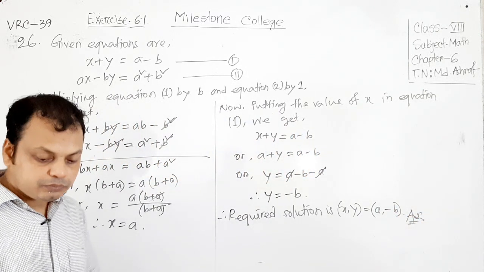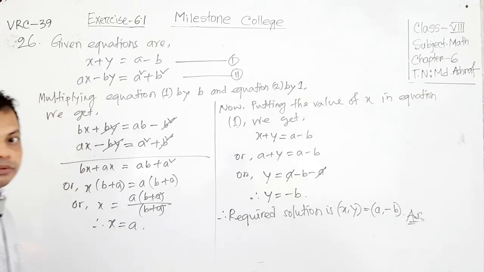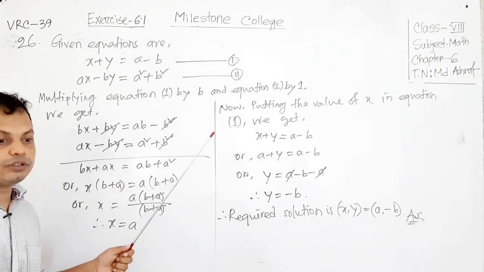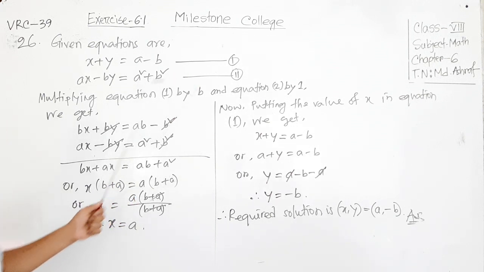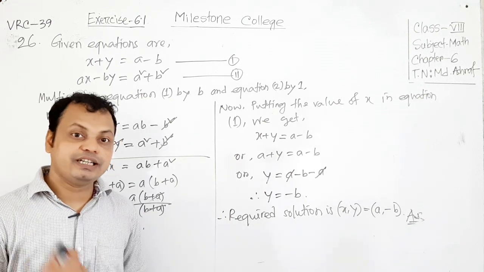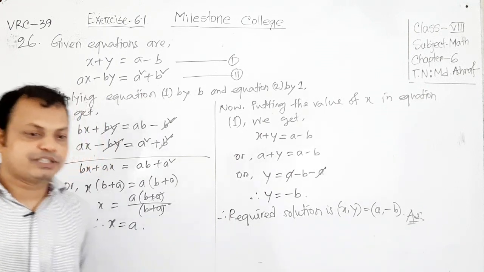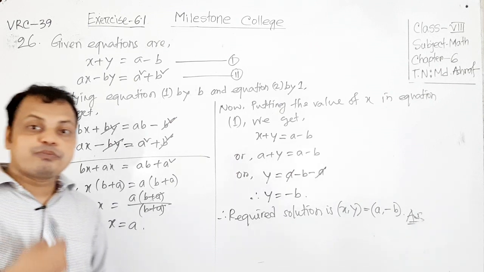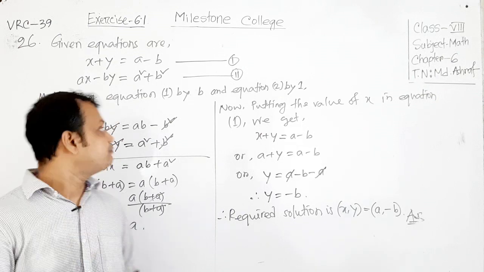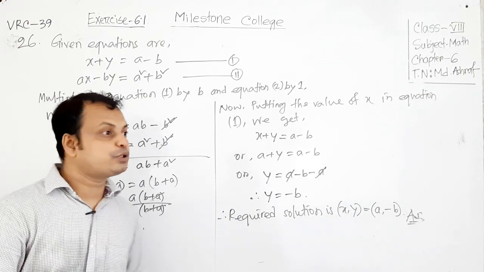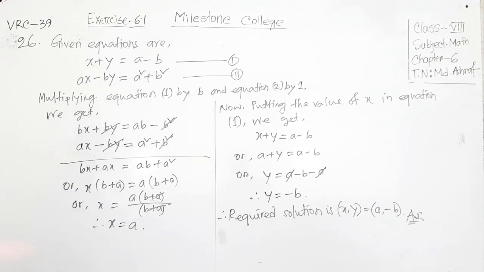Okay, so I want to review it again. These are the two equations given. We have to solve the equations by the method of elimination. We have to remember whether it's substitution or elimination. It's elimination. So for solving by elimination, we have to follow the method.